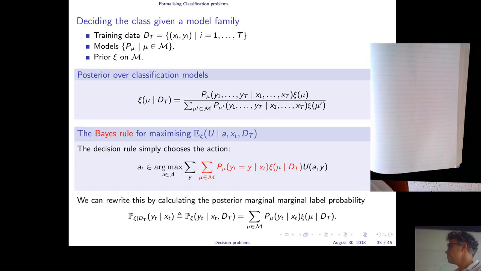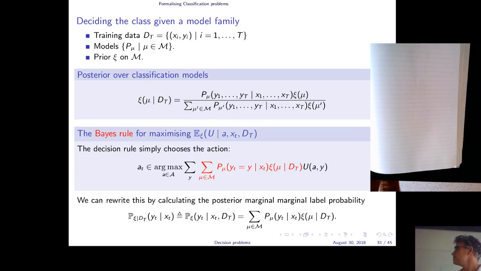I don't specify yet what these models are, but in general it's the same idea as for the rain example. You simply have a probability for every model given the data, and each one of the models gives you the probability for the class label given the current observations, and then you have a utility function, and then you just use the action that maximizes utility.